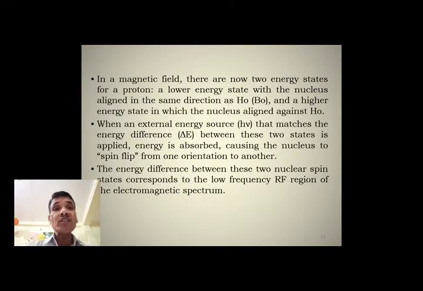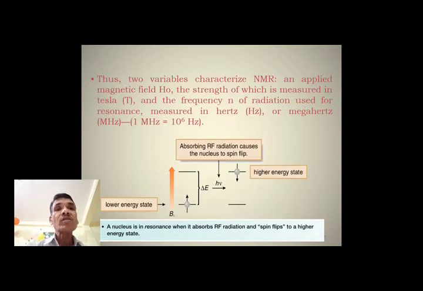The energy difference between these two nuclear spin states corresponds to the low frequency radio frequency of the electromagnetic spectrum, and thus two variables characterize nuclear magnetic resonance spectroscopy. One is the applied magnetic field H0, the strength of which is measured in Tesla, a unit to measure the strength of the applied magnetic field.